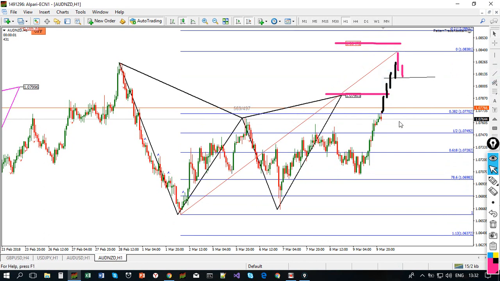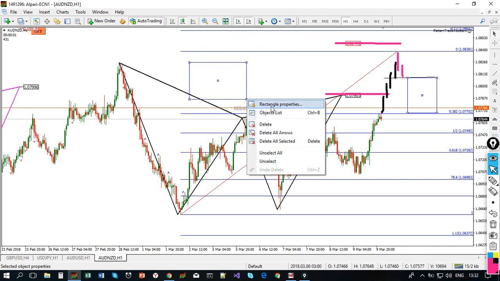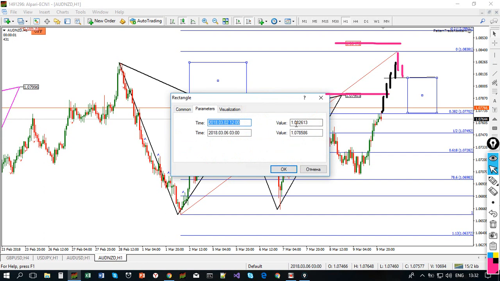Somewhere here. Yes? So this way you will have your take profit this way, and you will have your stop loss 43.1 if you use 3 ATR stop loss as I do.